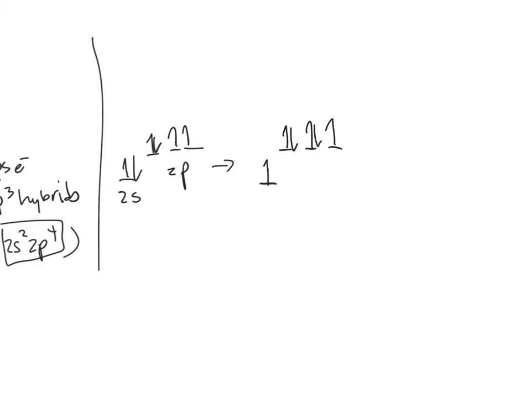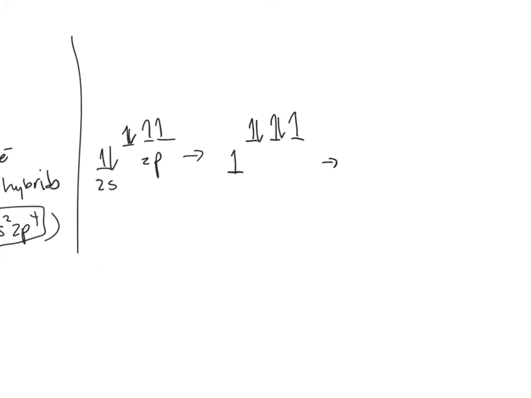So in the end, the hybrid orbitals have lower energy than the unhybridized ones, and that's the motivation for it. Okay, so then we're going to mix them together. 1, 2, 3, 4, sp3 hybrids. There's 6 electrons. 1, 2, 3, 4, 5, and 6.